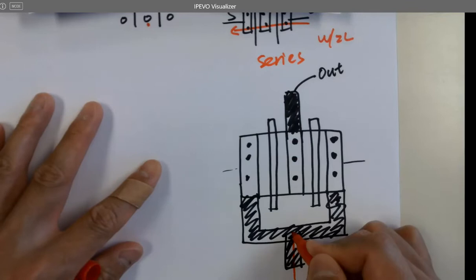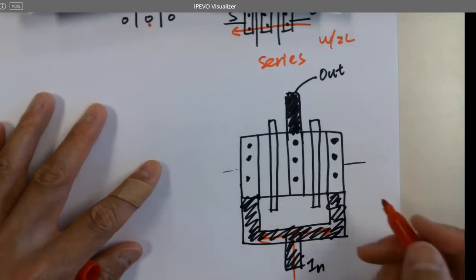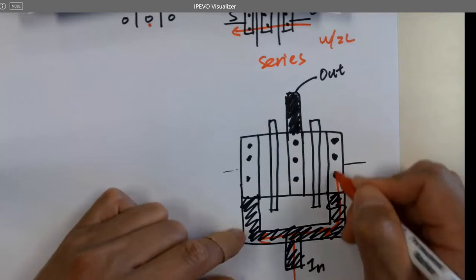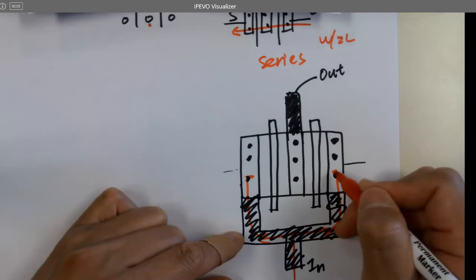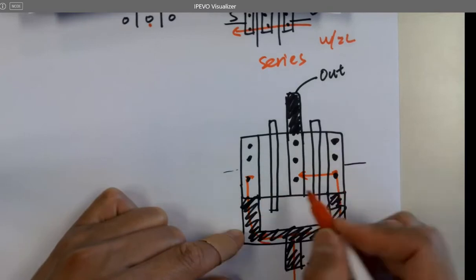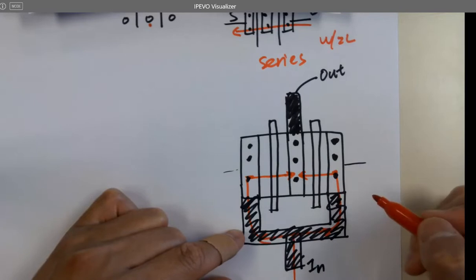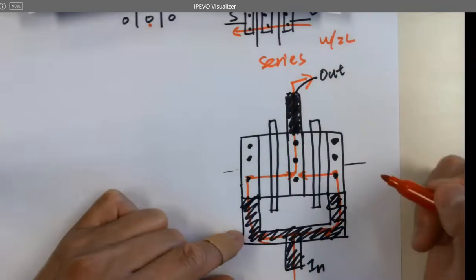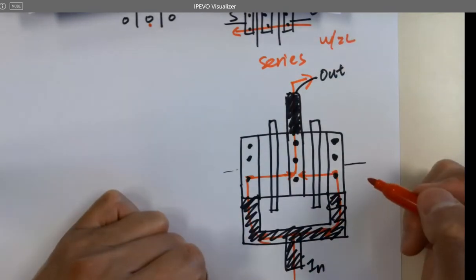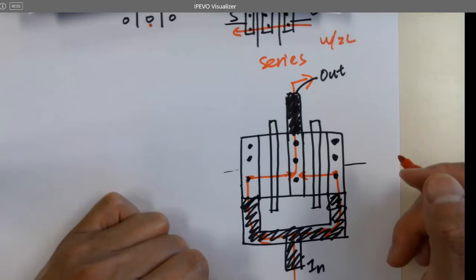Current comes in, getting split. So now it's like in parallel. And flows in here, and comes to one width, one length, and merged at this point, and then goes to the output. So now they're in parallel, not in series. Why?